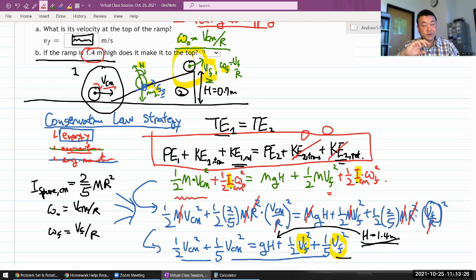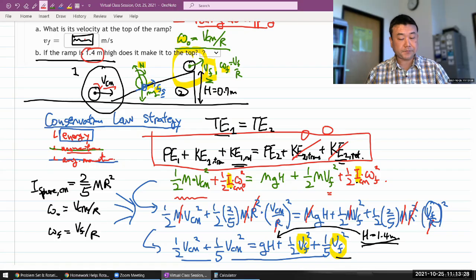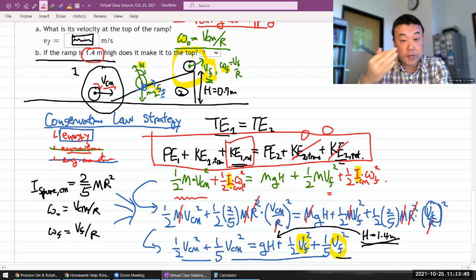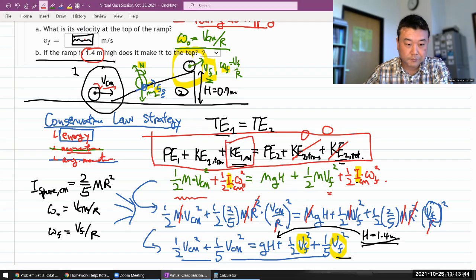If it's smaller, then no, it won't. So let me leave that for you to do as well. I mainly want to point out this common mistake that people might make, not taking into account the rotational kinetic energy, and show you how to properly take that into account.